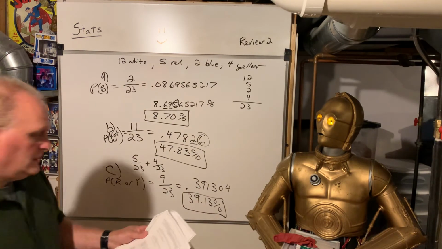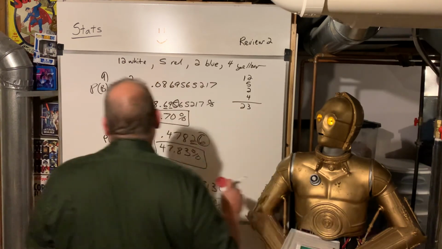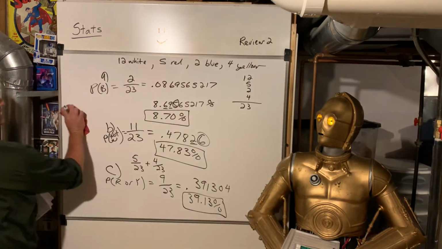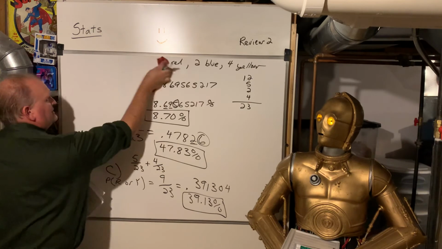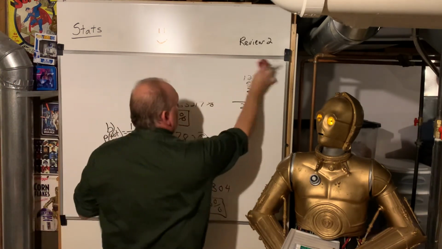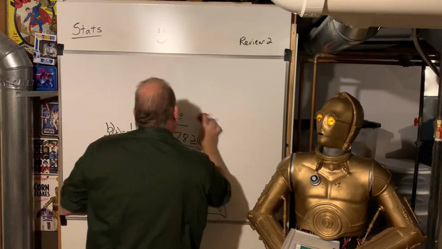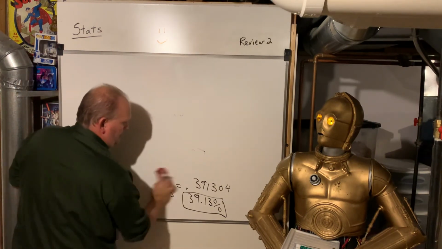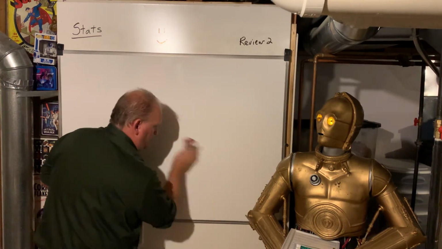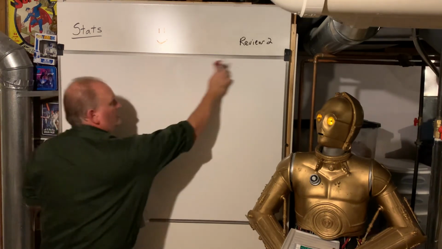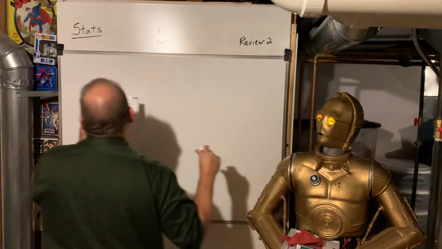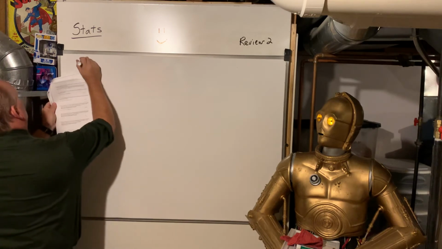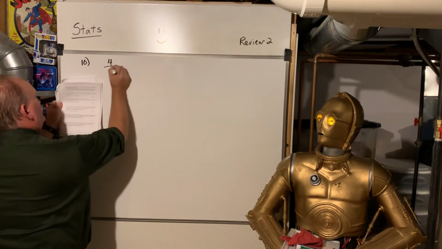Okay. Let's look at 10, 11, and 12. So that is with a standard deck of playing cards. And I list out what is in a standard deck of playing cards. So that is 4/52.